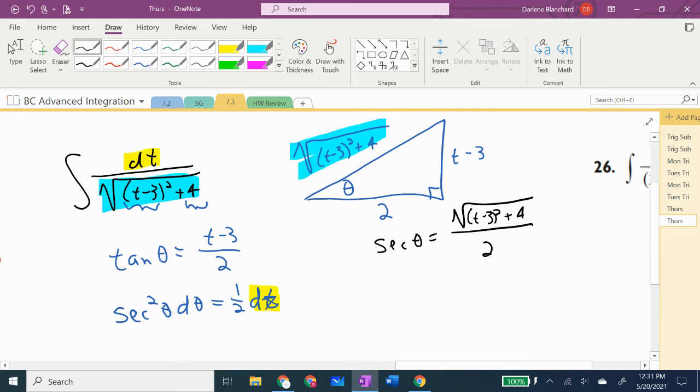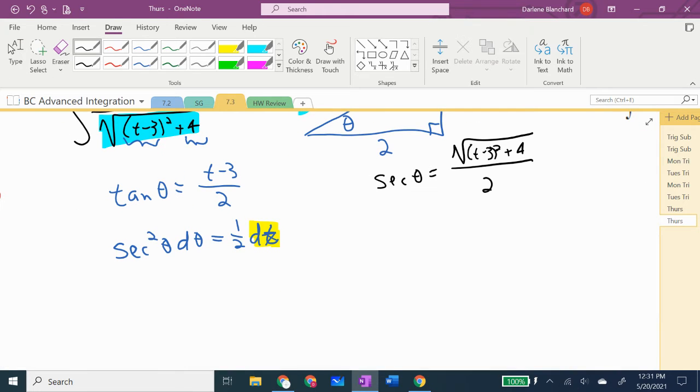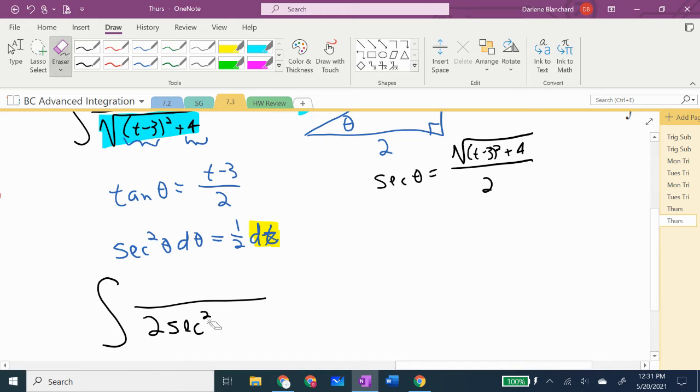Or you can directly substitute into your t minus 3 a 2 tan theta, and perhaps see that you have under your square root a 4 tangent squared plus 4, which is then going to give you 4 times secant squared, which then gets square rooted to 2 secant theta.